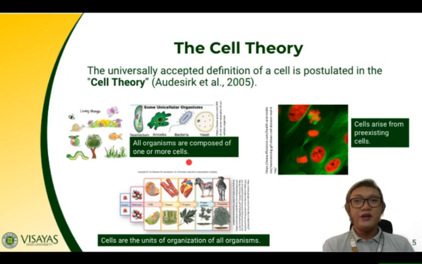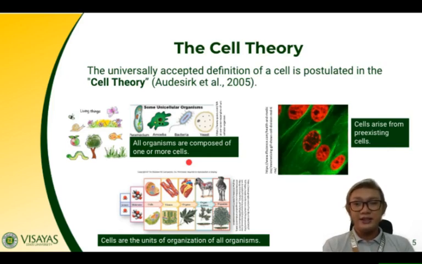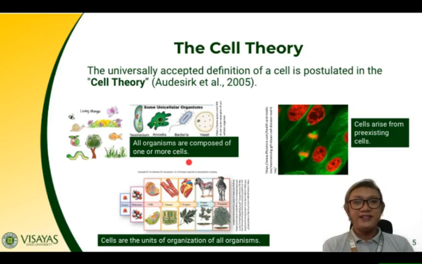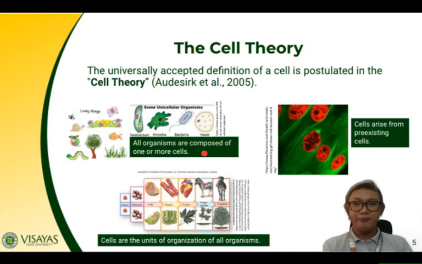So they're called unicellular organisms or single-celled organisms. Okay, so all organisms are composed of one or more cells. The unicellular and those that contain more cells are called the multicellular organisms.